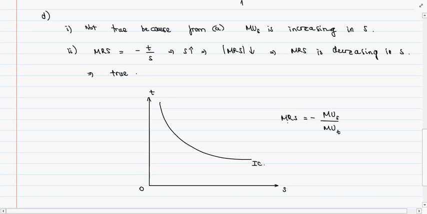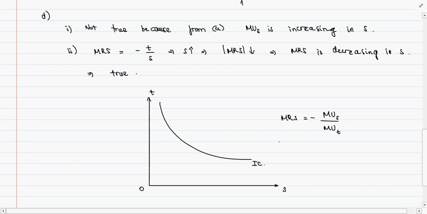So again, if you put S on the horizontal, it has to be marginal utility of S divided by marginal utility of T. If you put T on the horizontal, it has to be marginal utility of T divided by marginal utility of S. In the previous part I found the marginal rate of substitution as marginal utility of S divided by marginal utility of T, so S is on the horizontal.